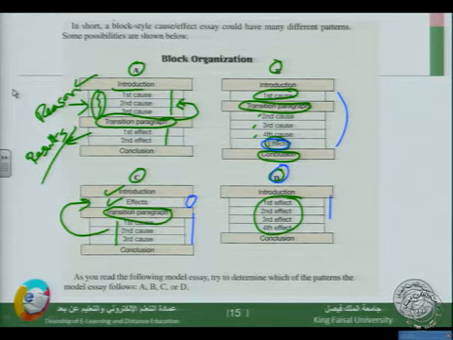In D, you only talk about the reasons without mentioning any of the results, or you talk about the results without mentioning any of the reasons. Maybe you mention one reason, one major or main reason, in the introduction. So these are four different kinds of block organization. You can follow any of these.